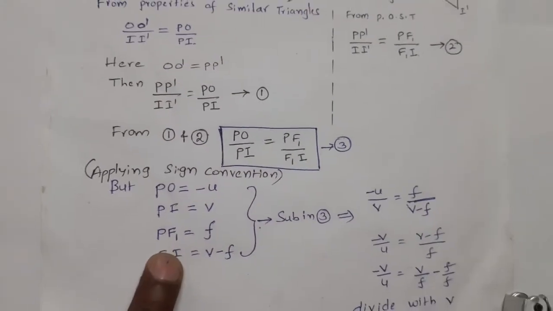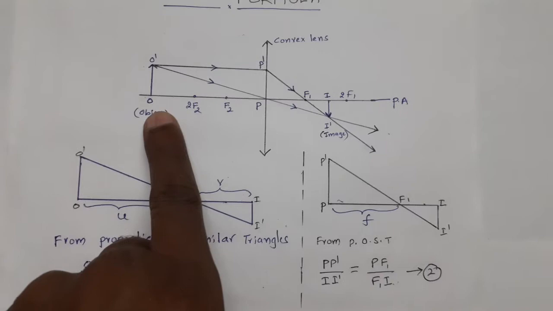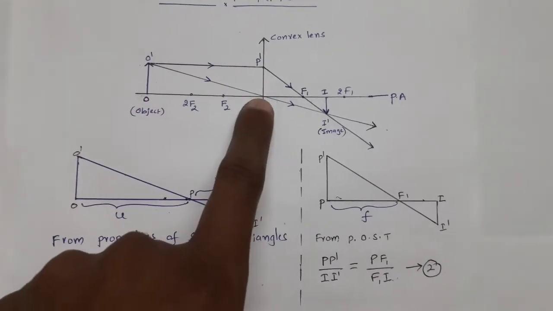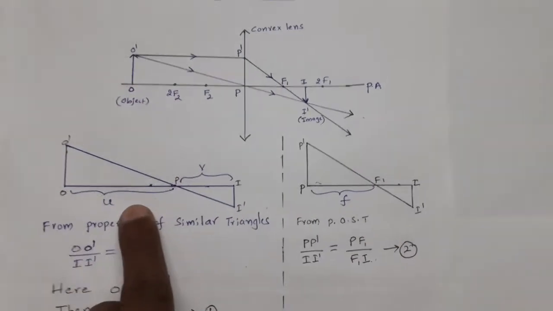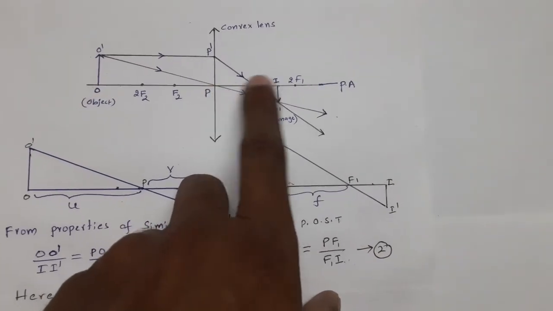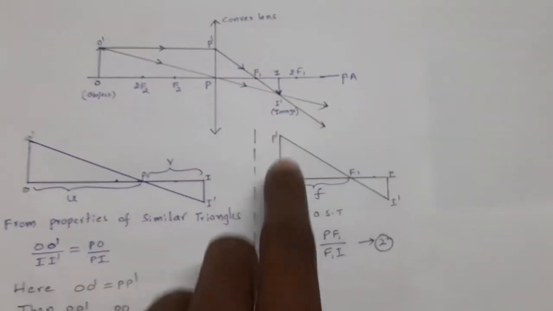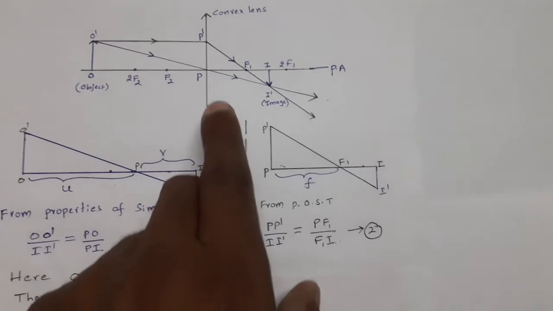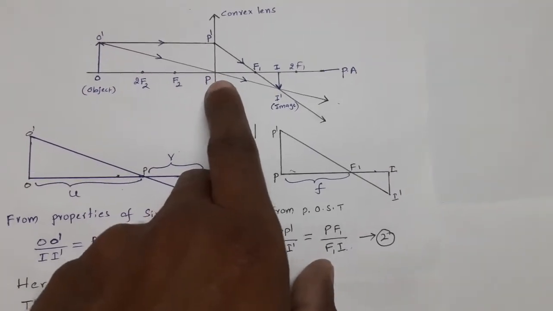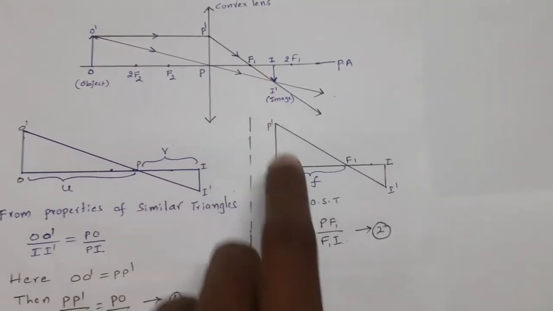Then apply the sign convention. See, this is the object distance, that is PO, U. This is the image distance between P and I, that is V. So this is the focal length, the length between P and F1.